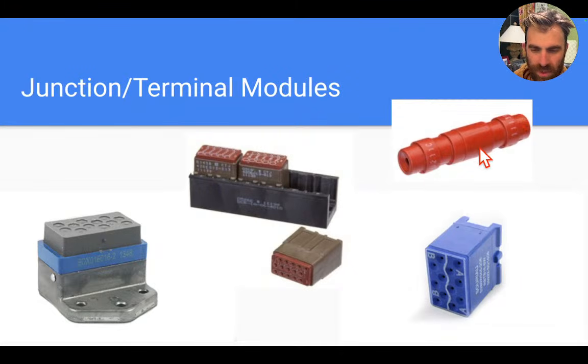And this one up in the top right here is just a 1-to-1, so it's more or less just a splice, but you can pin and depin this little connector. And then on the bottom left here, this type of terminal would be secured to bare airframe, so it would be used for grounding circuits.